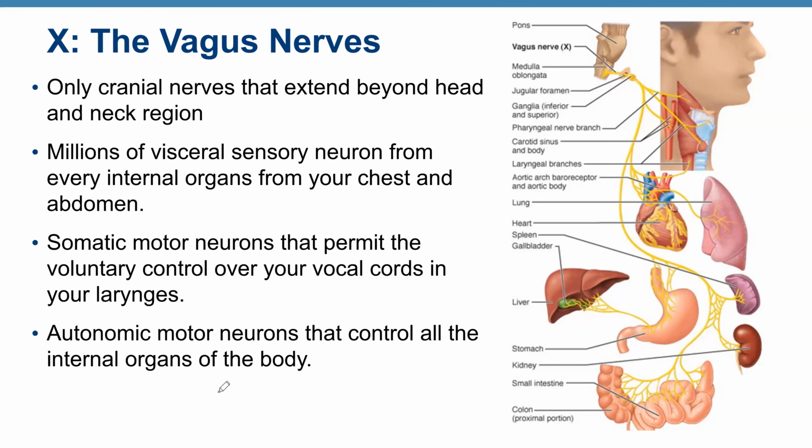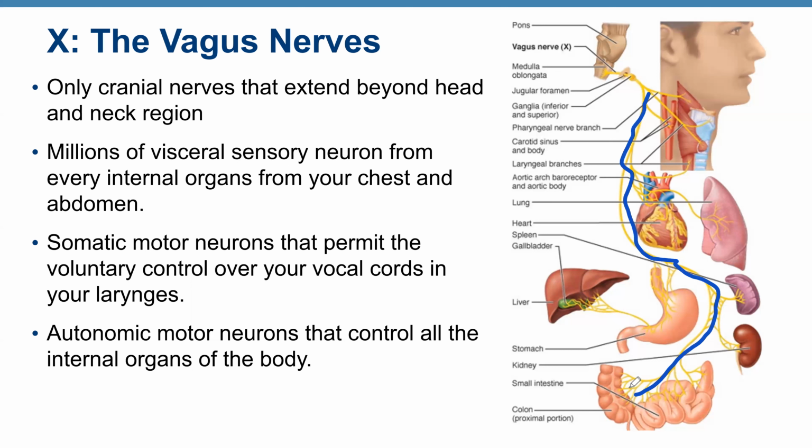So if you look at this diagram over here, you can see that the vagus nerve innervates your larynx, right? So it innervates the muscles of your larynx and your vocal cords. Those are skeletal muscle. It also brings all the sensory information from your internal organs, from your lungs, heart, stomach, liver, pancreas, kidney, intestine.